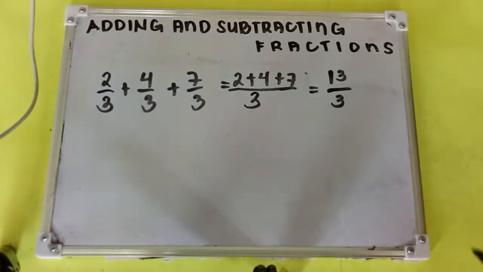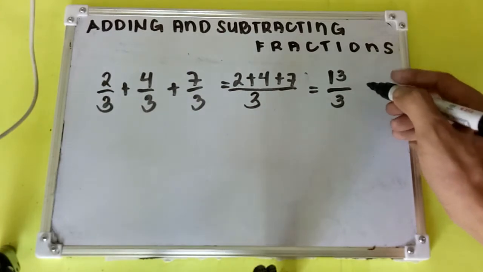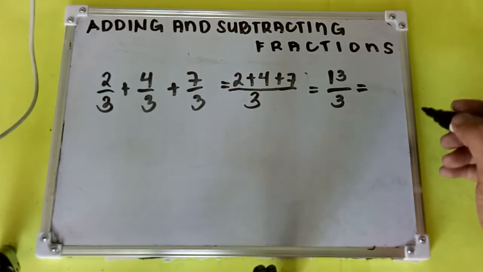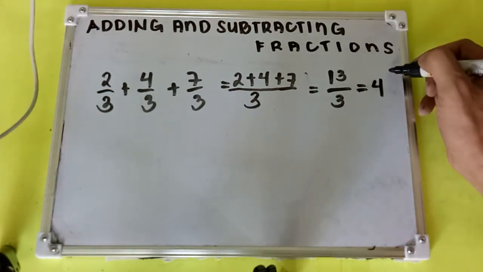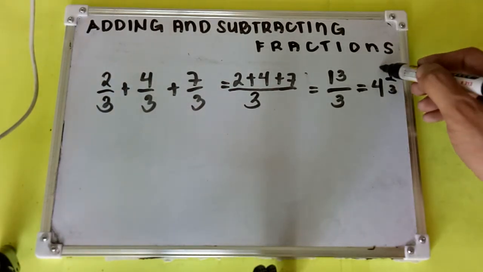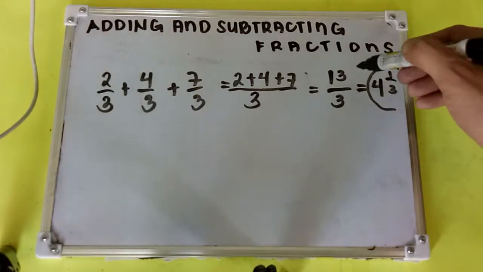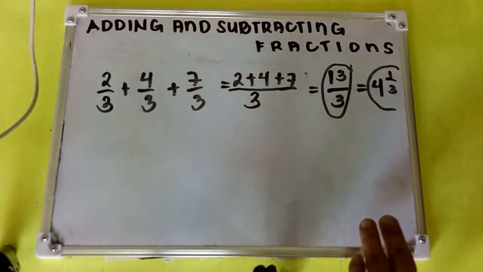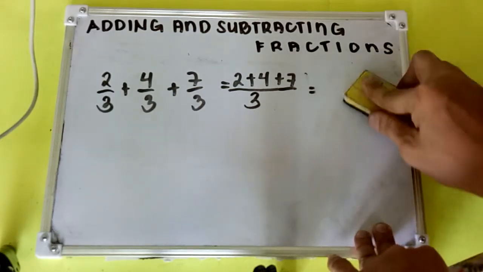Pero kung mapapansin nyo, sa basic fraction, ito ay naka-improper fraction. So if we convert this into mixed fraction, that is 4 and 1/3. So this will be your final answer. Kung hindi kino-consider ni teacher ang improper fraction, that is another topic kung paano ang improper, pero siguro dito i-check natin.